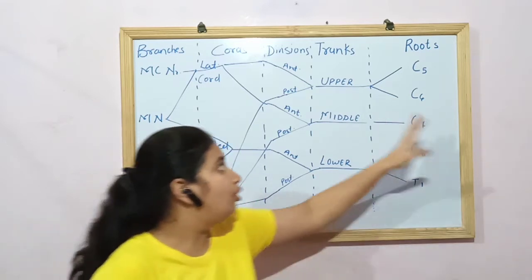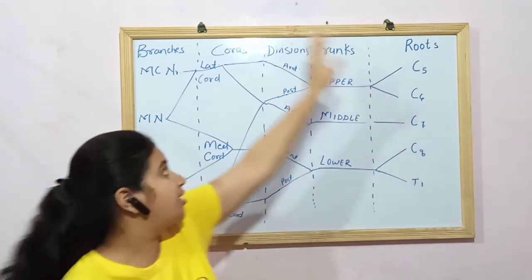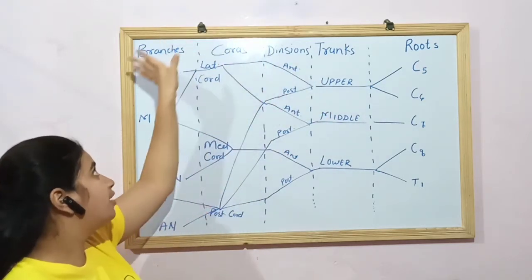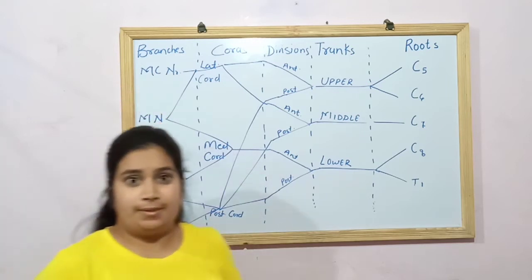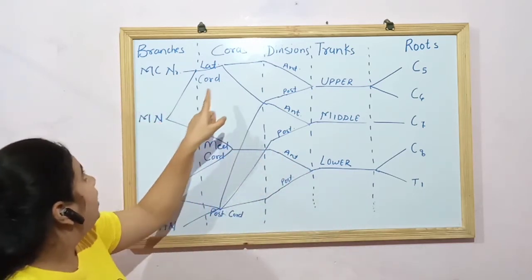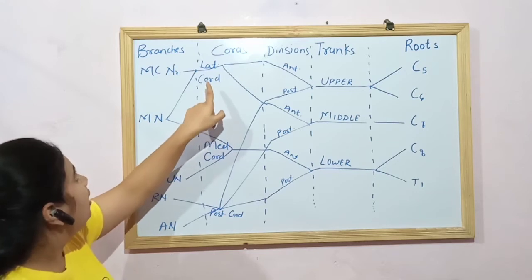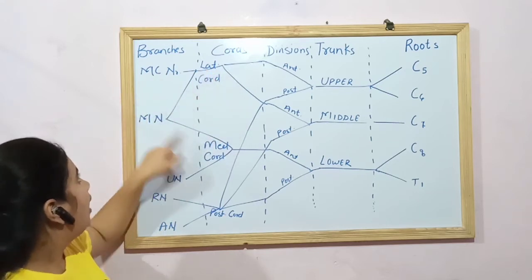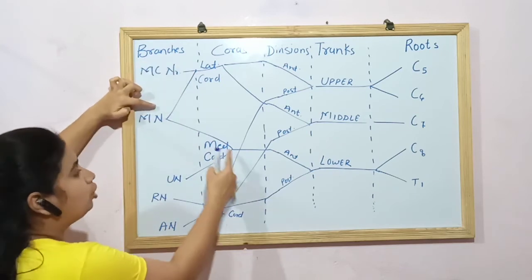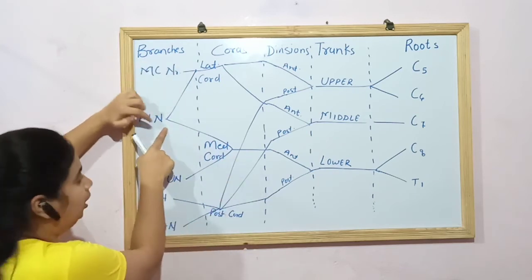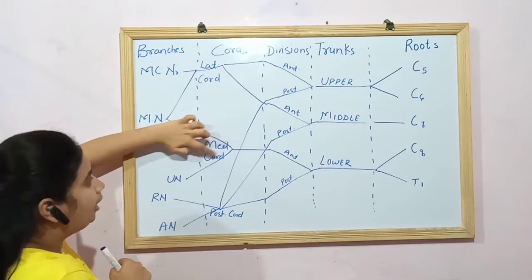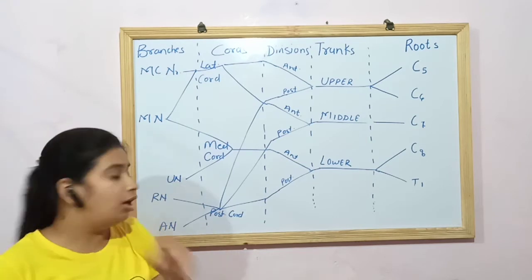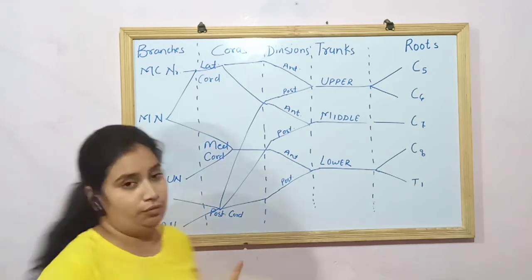So it's clear that roots give rise to trunks, trunks give rise to divisions, divisions give rise to cords, and cords give rise to branches. Your lateral cord gives rise to the musculocutaneous nerve, and the lateral cord and medial cord combined give rise to the median nerve. Your medial cord gives rise to the ulnar nerve. Posterior cord gives rise to two nerves, radial nerve and axillary nerve.